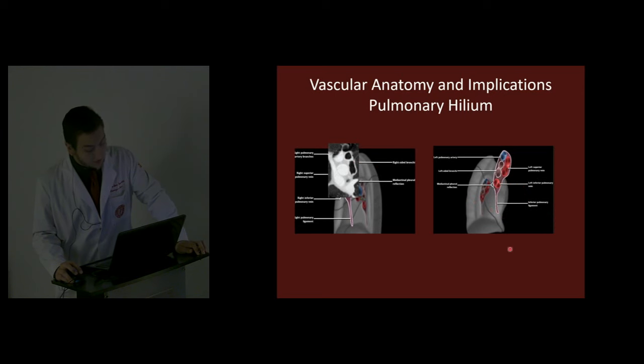As for the left hilum, it shows the left superior pulmonary vein on the anterior part, on the posterior part the left bronchus, on the inferior part the left inferior pulmonary vein, and parallel to the left mainstem bronchus goes the left pulmonary artery, shown in this graph over here.